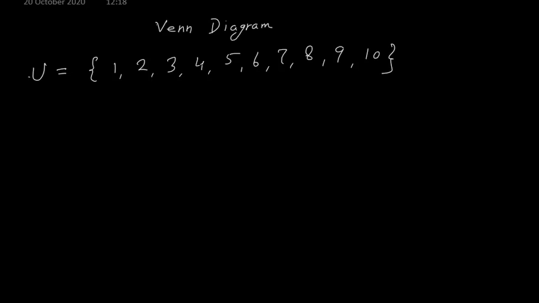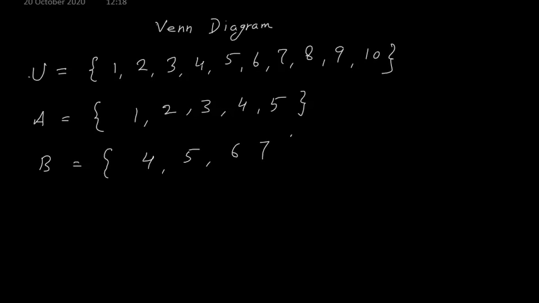And let us define two sets, set A, which includes 1, 2, 3, 4, 5. Okay. Let us define one more set B, which includes 4, 5, 6, 7. And I want to represent these sets using Venn diagram.